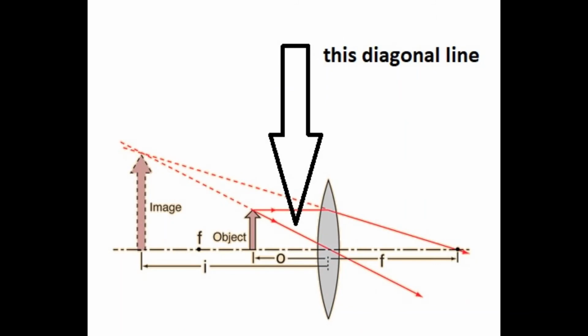Now, a ray goes straight through the center of the lens, where the two surfaces are nearly parallel, and we assume they're very close together. So there is refraction where the ray enters and leaves the material, but there's no net change in direction. So you can assume it just goes straight through.